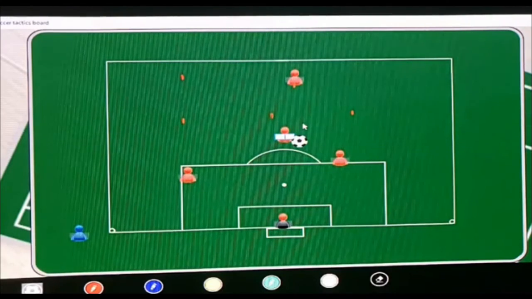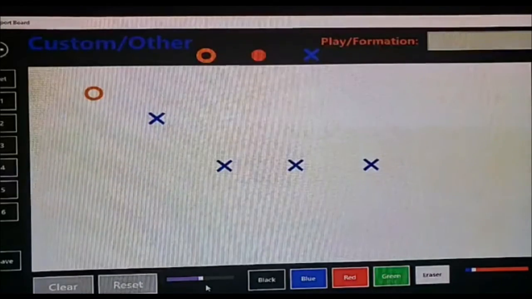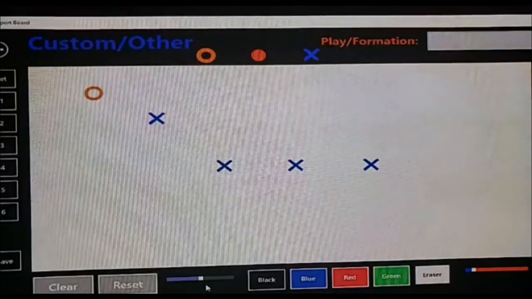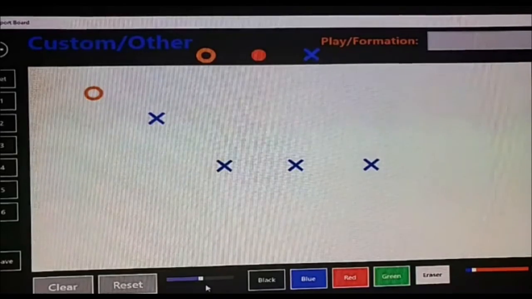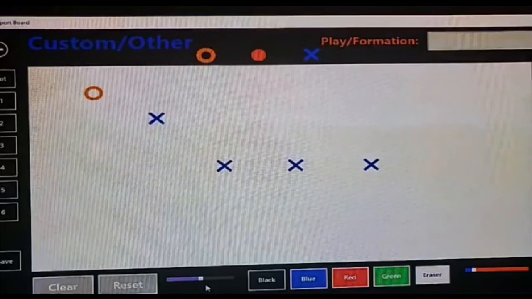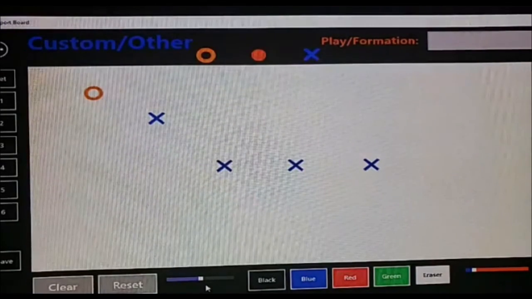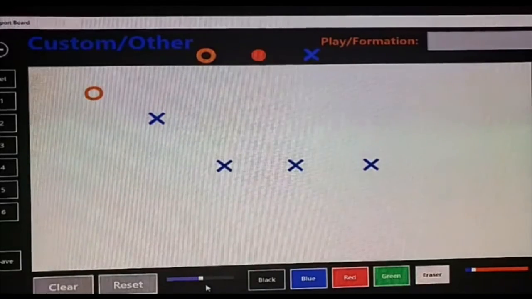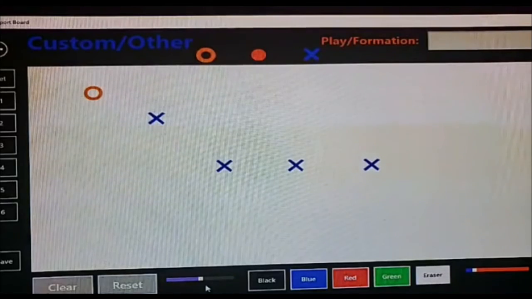Alright, so some of the answers are coming in now. You need to be a great crosser and in shape and distance passing. I think that's important, Jason. I agree. Joe says speed, smarts, and touch. Very important as well.